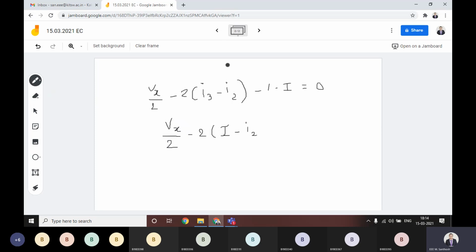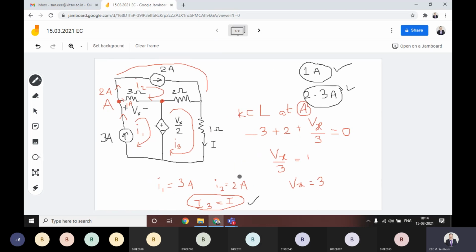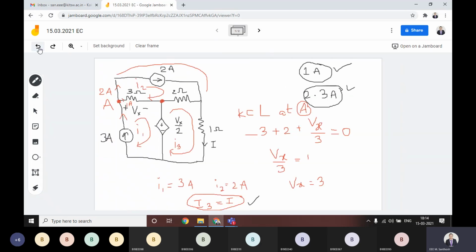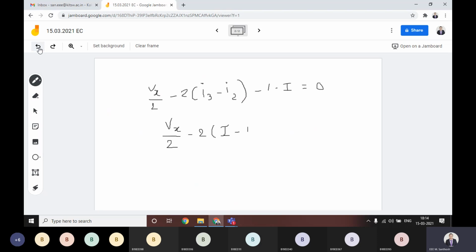What is the value of I2? You know the I2 value is equal to 2 amperes. Simply you substitute 2 amperes here, minus I, equal to 0.